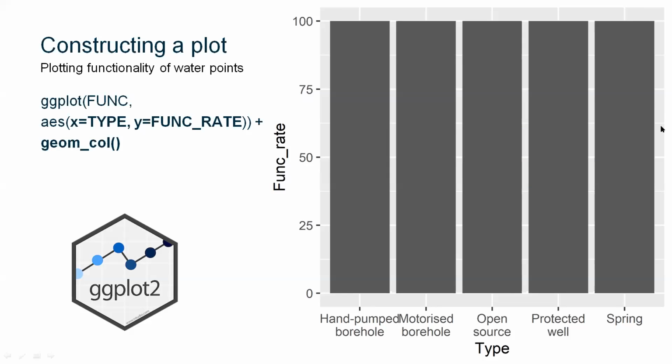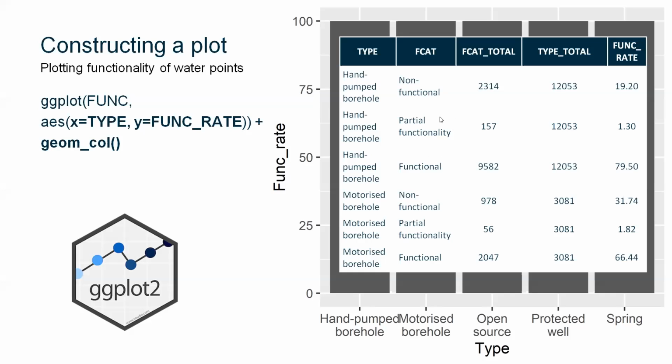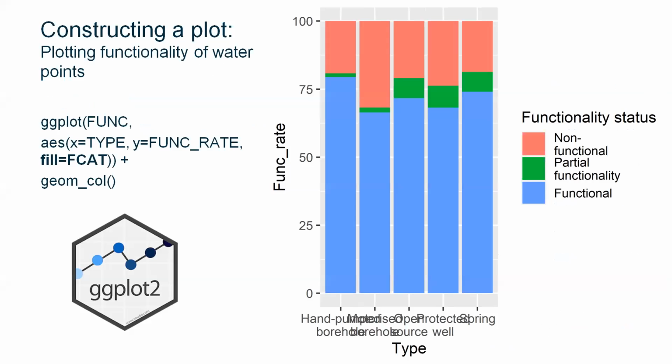So obviously at the moment, we just have grey bars that go to 100%, and we're not actually distinguishing between the different functionality categories. We haven't assigned anything in this code that distinguishes them. So to do that, we just add one line to this aesthetic.